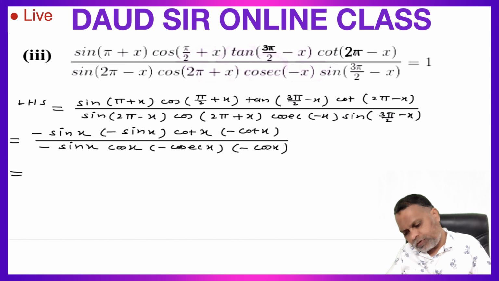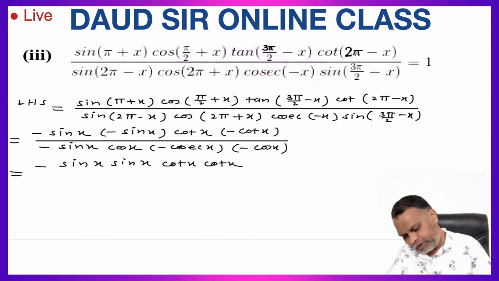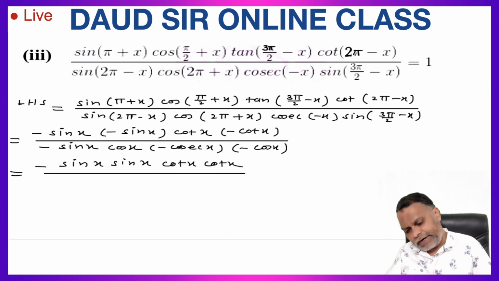Which is equal to minus, minus 3 times minus coming. So minus sine x into sine x into cot x into cot x upon, and denominator minus 3 times coming.